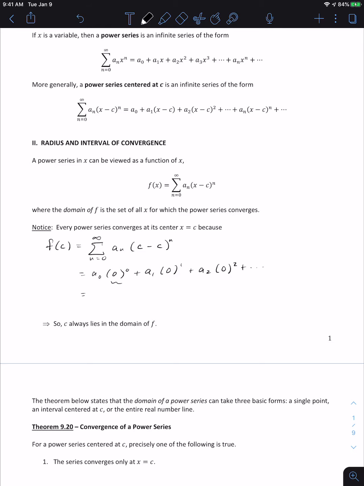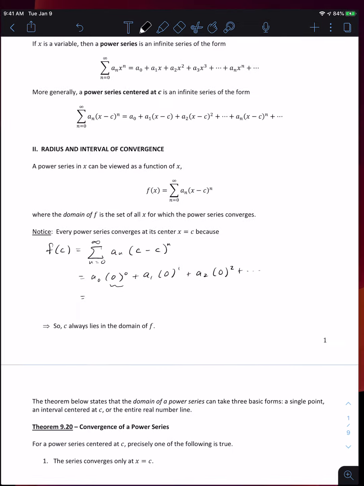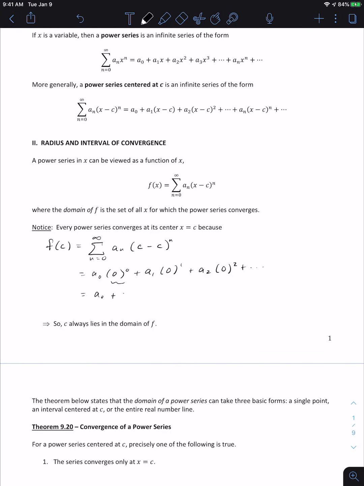And 0 to the 0 power is defined to be 1, so this just becomes a sub 0 plus 0 plus 0, and so on, so it's just a sub 0. My function is equal to a value, and a number is in the domain if the power series converges. At x equals c, this converges because it equals a sub 0. So whatever x value I'm centered on, the power series always converges at that point.